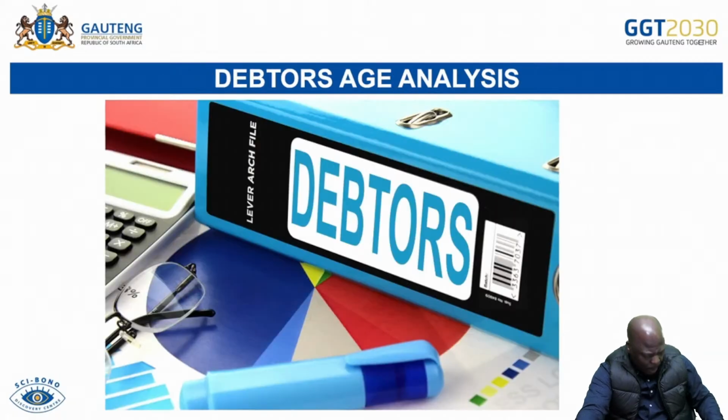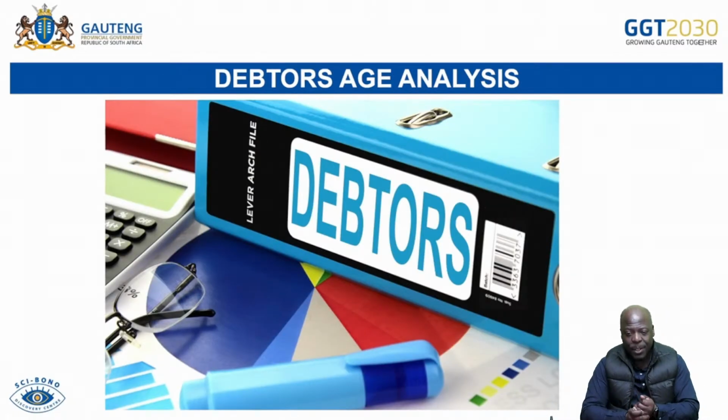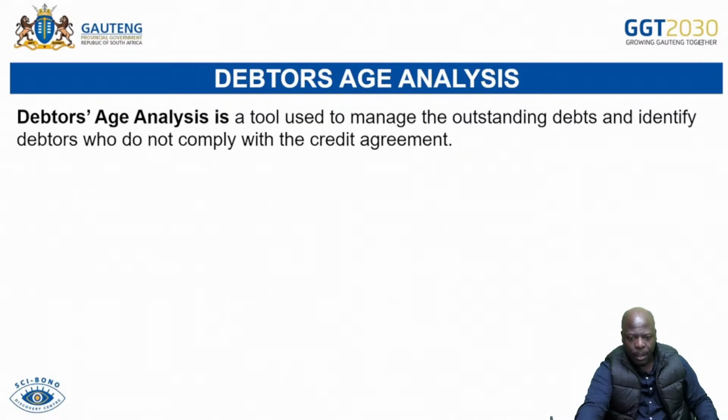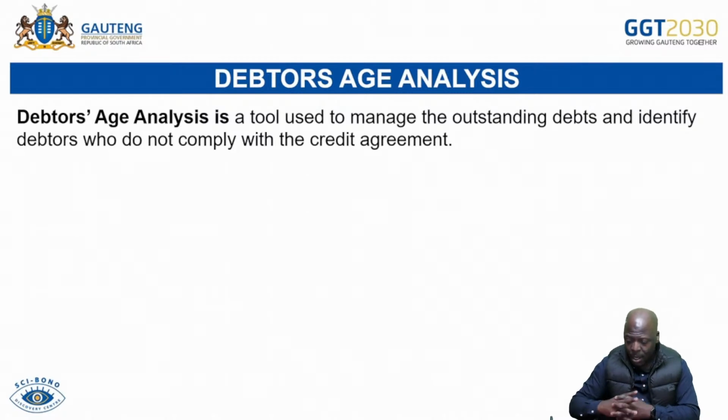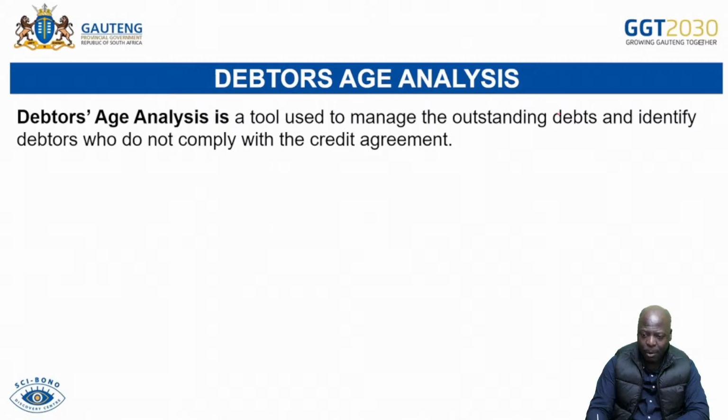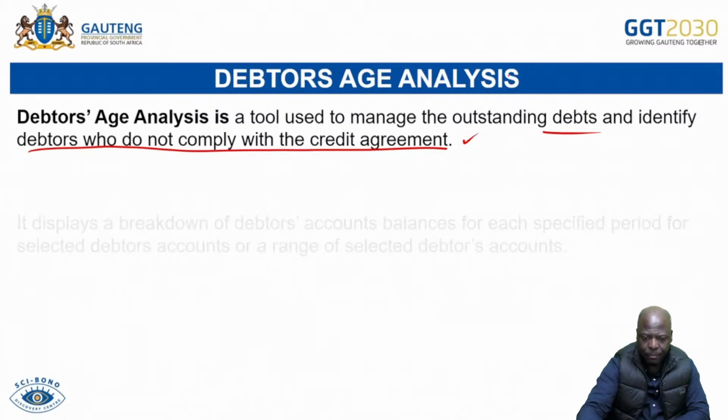Okay, I'm going to quickly come now to the debtors' age analysis as promised. This would be the last part of today's lesson. In the debtors' age analysis, we are going to be looking at several other things, but it is important that you understand what this debtors' age analysis is. It is a tool used to manage outstanding debts and identify debtors who do not comply with the credit agreement.